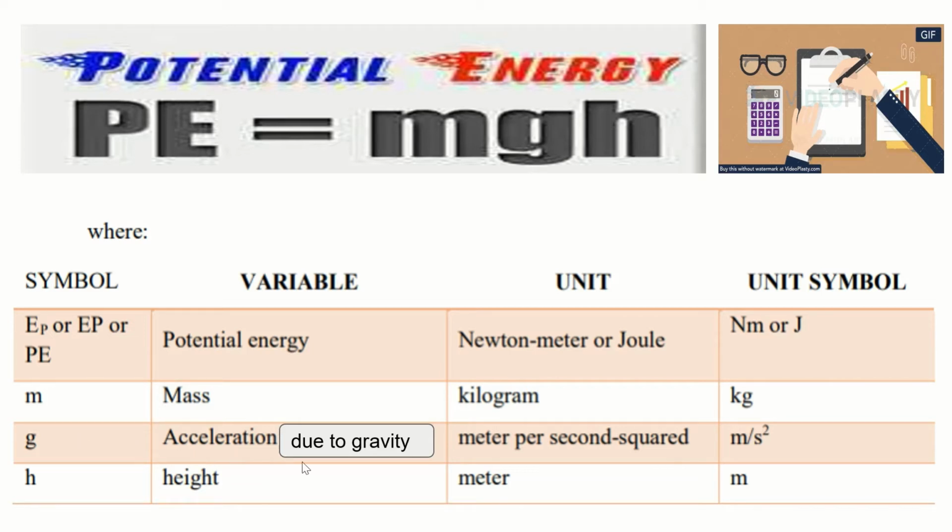G is acceleration due to gravity, meter per second squared. Tandaan natin na ang acceleration due to gravity ay constant. Ibig sabihin, hindi siya nagbabago depende sa location. So dito sa Earth, ang acceleration due to gravity ay 9.8 meter per second squared. Then, meron tayong H which is for height with a unit meter.